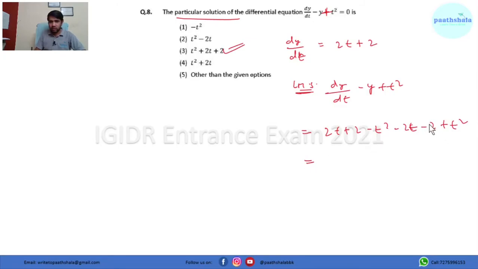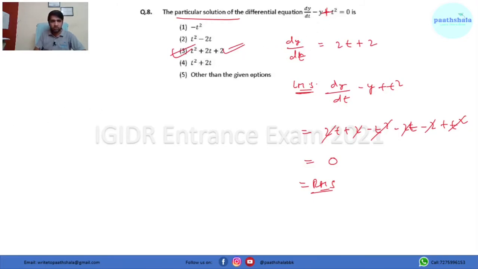Okay, so you can see that minus 2t and plus 2t get cancelled, 2 and minus 2 get cancelled, t square gets cancelled. So which is your RHS. Okay, in this case, why am I taking the positive sign here? Because otherwise this will not be possible. If you look at the MSc solution set, there it was positive. Okay, so this will be your right option.